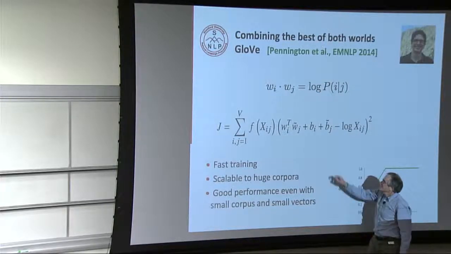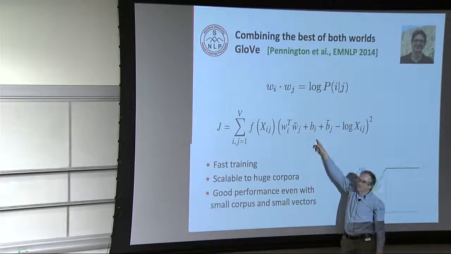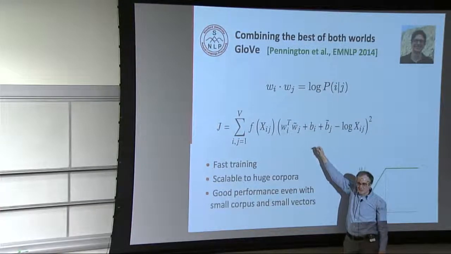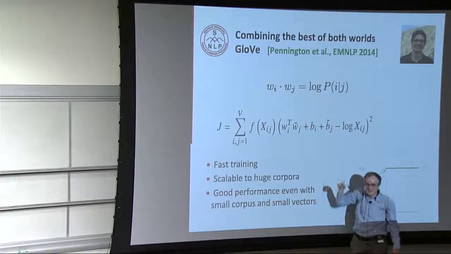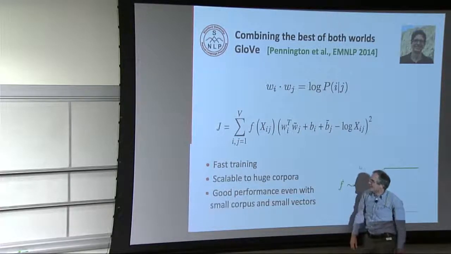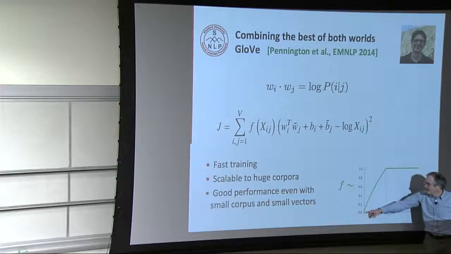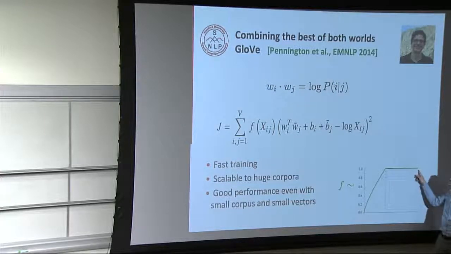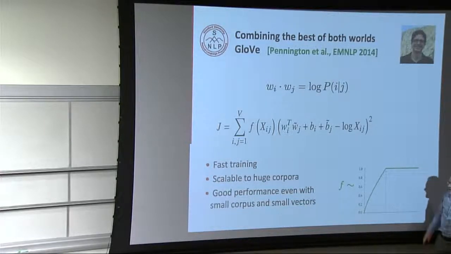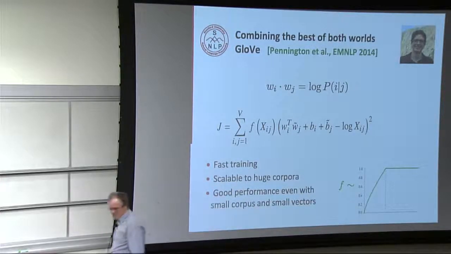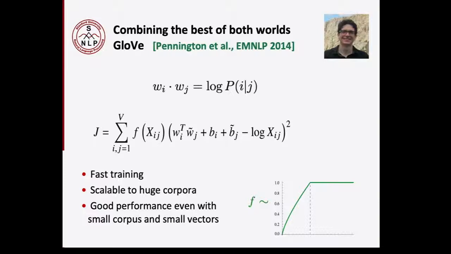But we complexify it a little by putting in bias terms for both of the two words, because maybe the word is just overall common and likes to co-occur with things, or is uncommon and doesn't. Then we do one more little trick, because everyone does tricks to make the performance better: we also use this f function in front so that we're capping the effect that very common word pairs can have on the performance of the system. Okay, and so that gave us the GloVe model of word vectors.